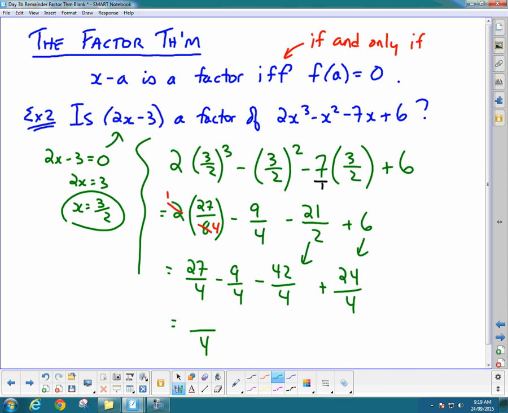Yeah. So 0 divided by 4, of course, is just 0. So it turns out when we plug this in, we actually got an answer of 0, which means what's the remainder? 0, which means it was a factor. So therefore, 2x minus 3 is a factor.